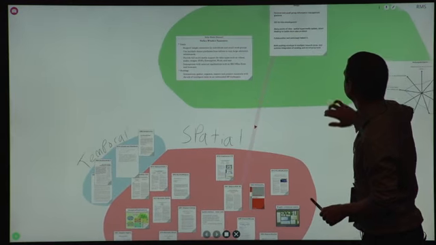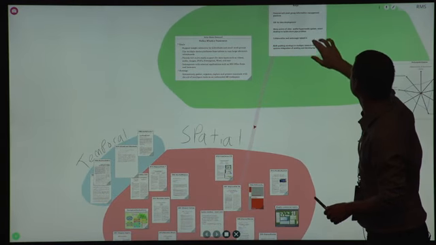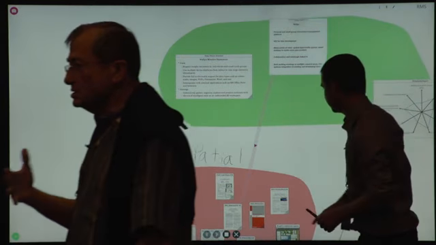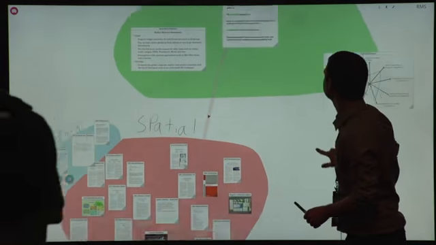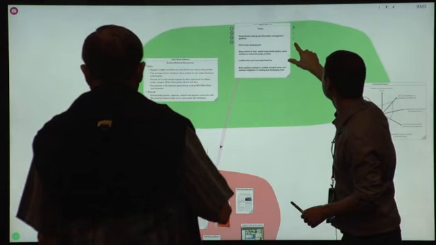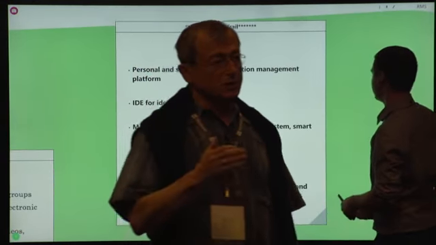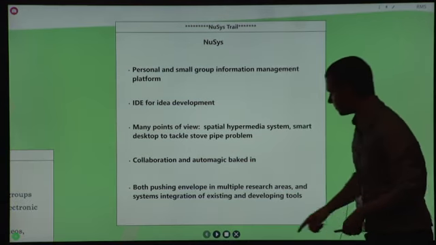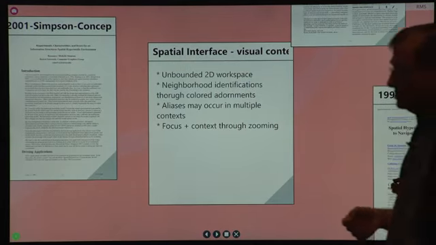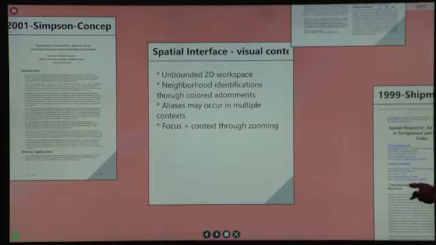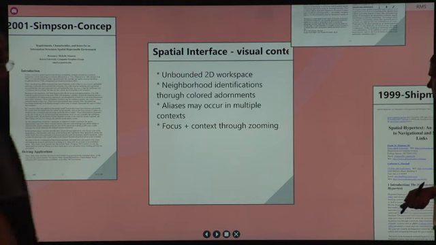We have PDFs and JPEGs and videos and audio files, so it is a multimedia system from the get-go. And we find that these spatial organization techniques are very useful in addition to the linking. You can't just have linking as your only relationship-building mechanism because very quickly you get spaghetti and visual clutter. So we want to use a combination of ingredients.